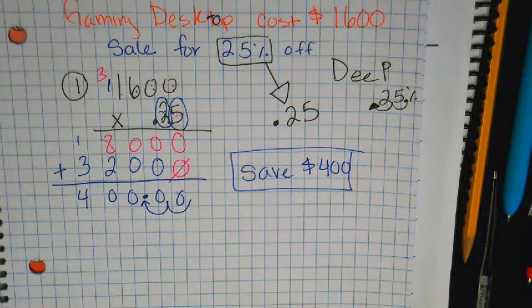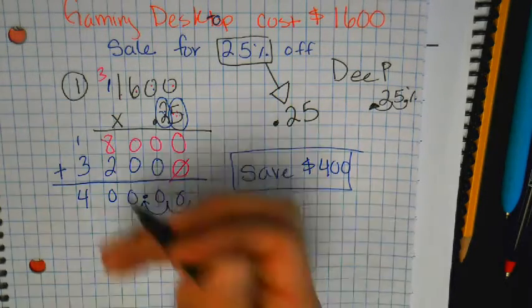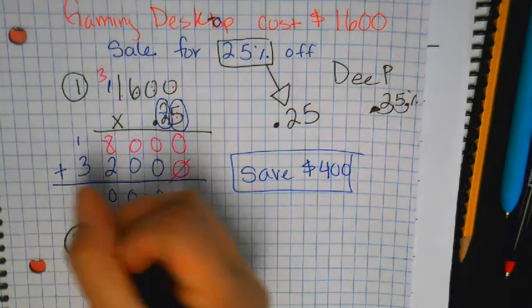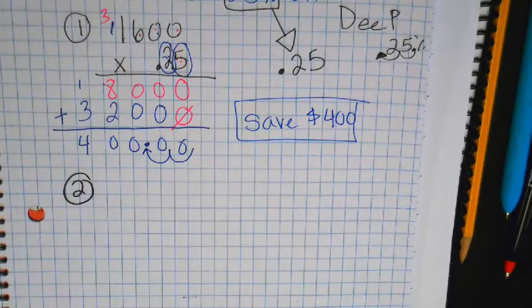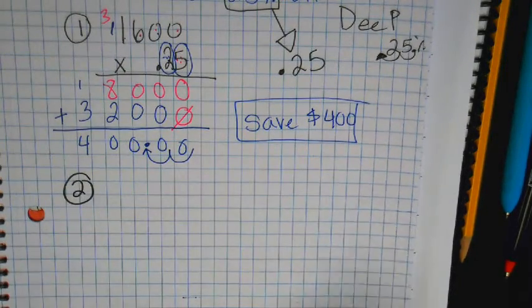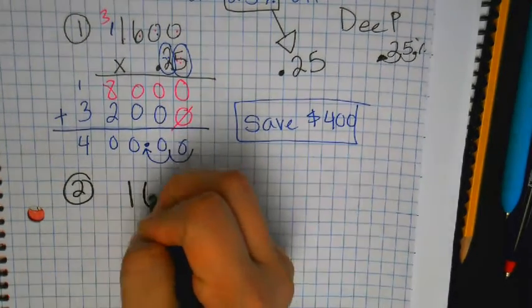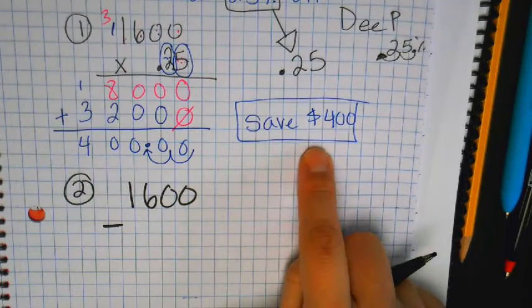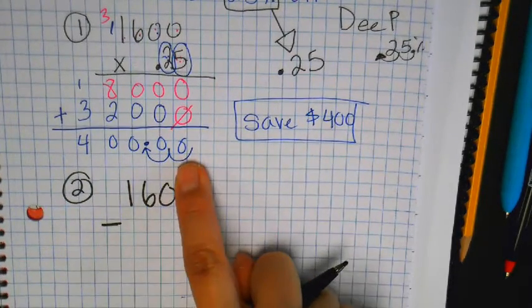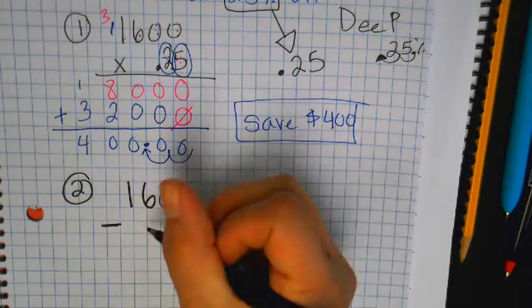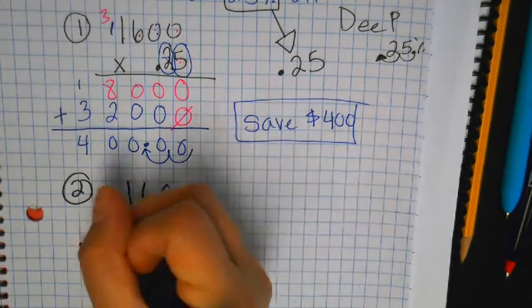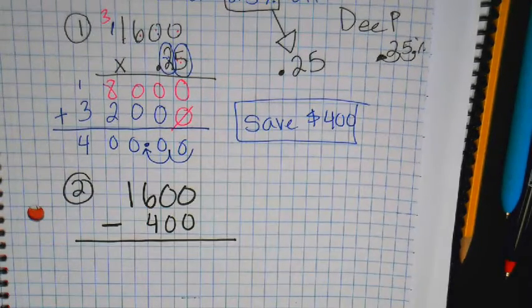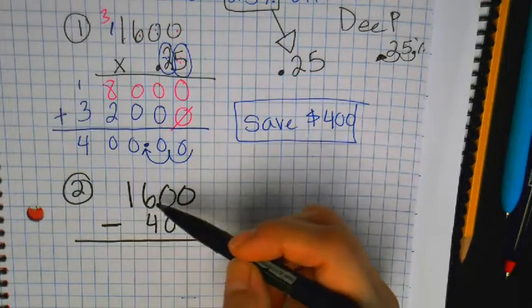Okay, so step number 2, which Diego, you did in your head, but you're going to write it down on paper so you know what to do when it comes to your homework, reviewing for a test. Step number 2, take your old price, $1,600, and subtract your answer. What's my answer? 400. Do I need these extra zeros? No. If they're not zeros, you do need them. If they're zeros, you can drop them. So what's 1,600 minus 400?